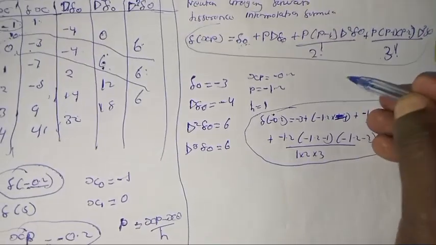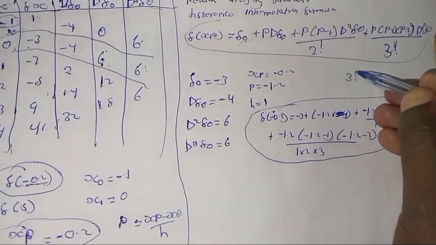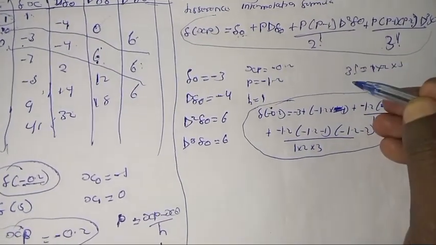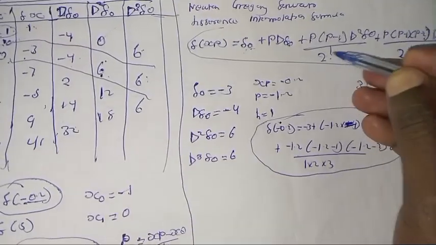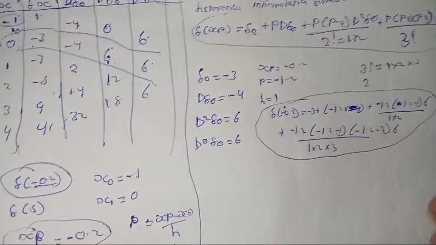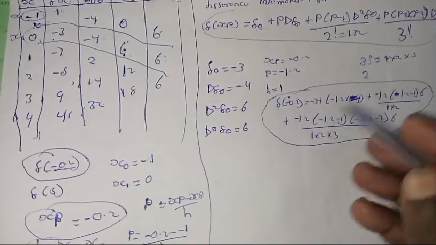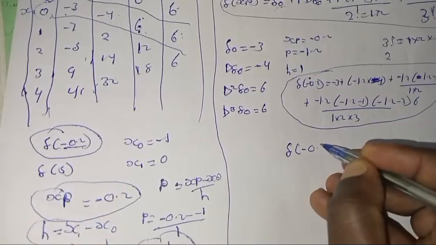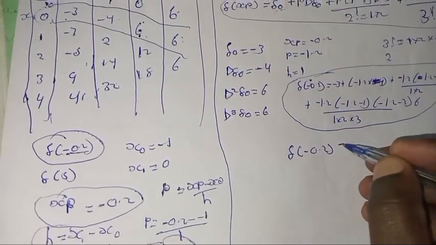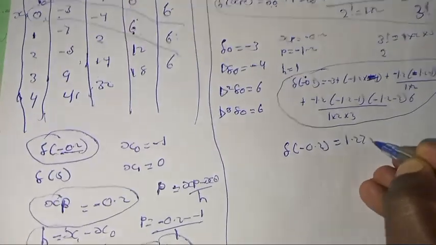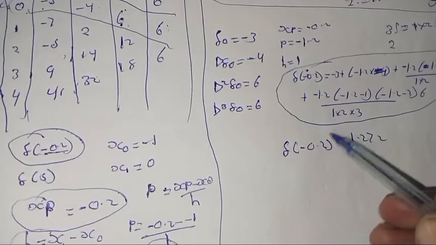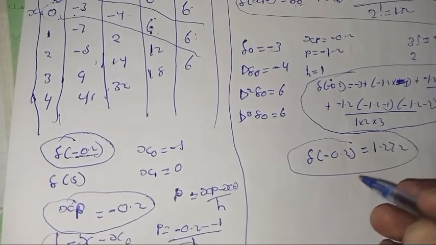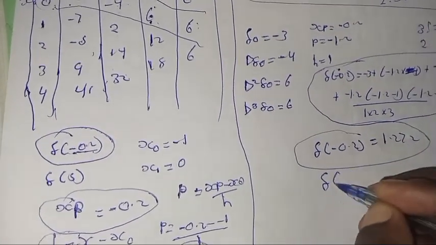Remember, when you find something like this, it is equal to 1 times 2 times 3, and this is equal to 1 times 2. When you calculate this on your calculator, you'll find that f(-0.2) is probably equal to 1.272. So we have found f(-0.2). We'll use this approach to find f(5).